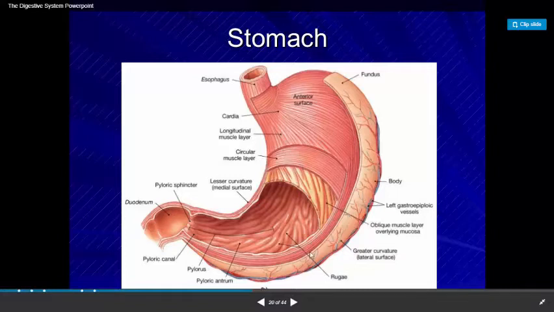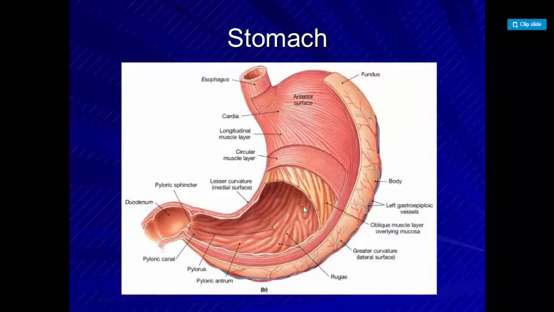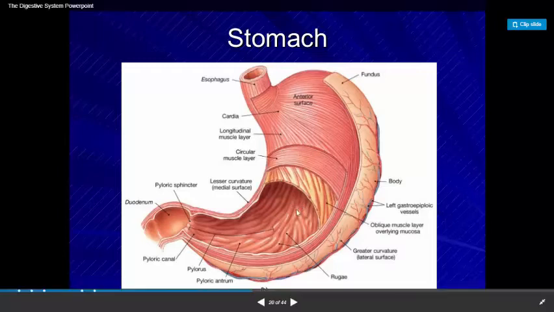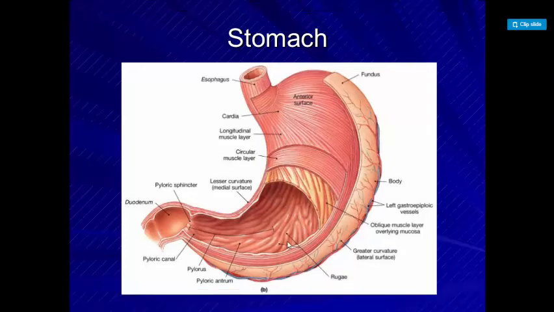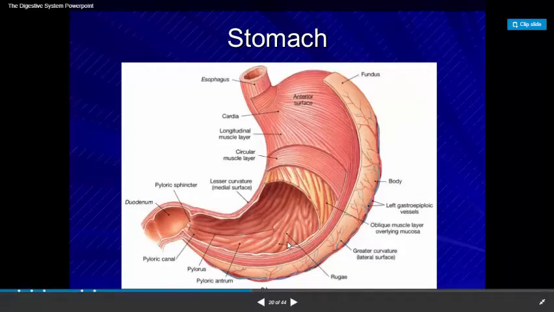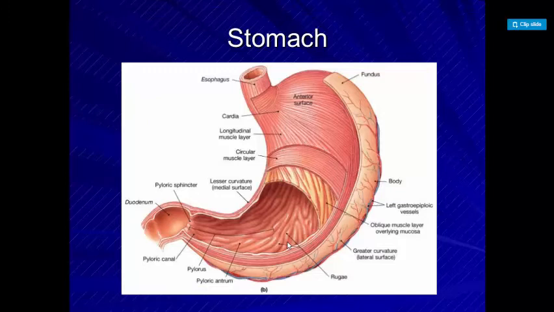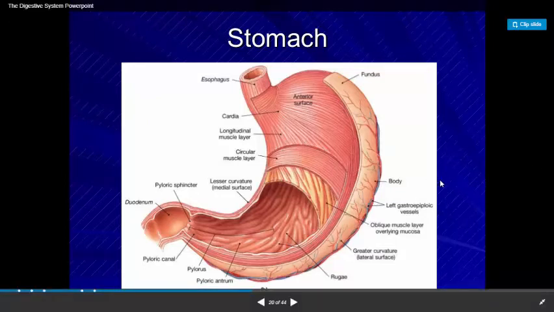It looks like a bag. It is muscular, and on the inside it contains hydrochloric acid and many enzymes. The inside wall of the stomach is really strong, and it has many rugae which help with the grinding of the food, and at the same time it protects the wall of the stomach from the acid, because the acid present in your stomach is a really strong acid.